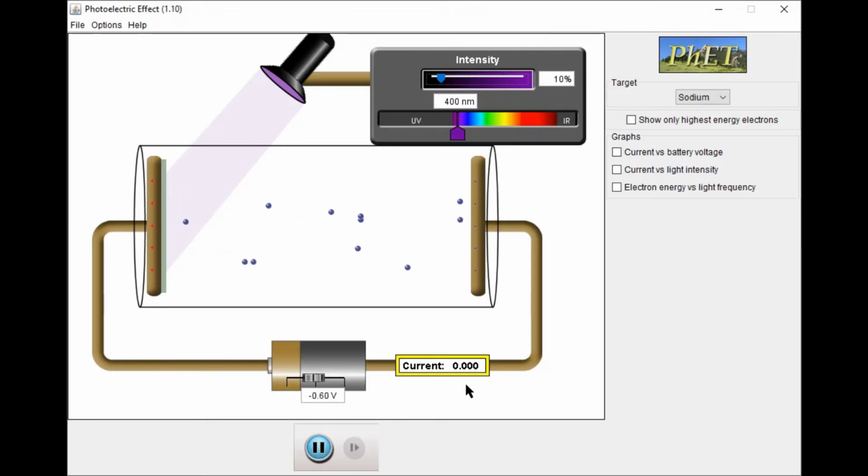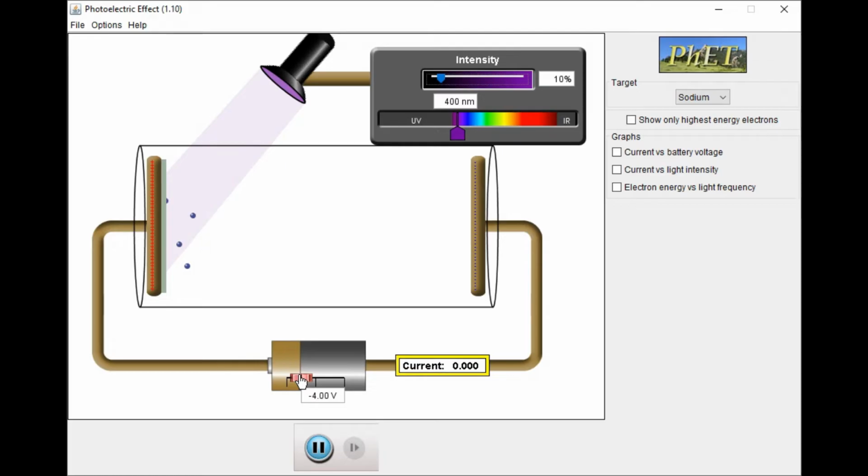Apparently not enough for there to be a strong current here, because it says 0. If I make it even less, then maybe some more electrons can make it across, but some aren't quite making it. As I increase the voltage, none of these electrons that come off are going to be able to make it.